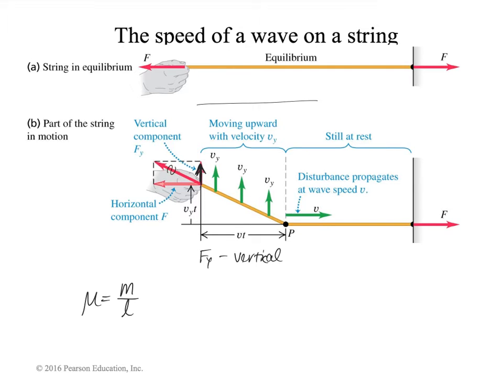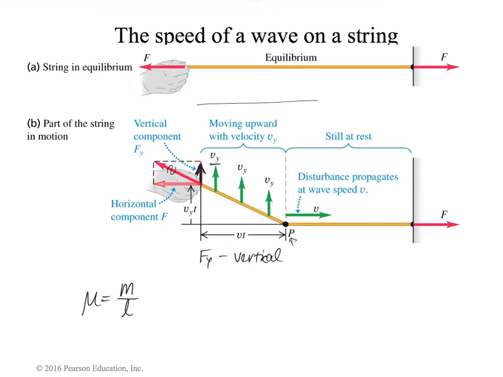The speed that the string moves upward with is going to be called V sub y. This pulling upward is really the disturbance that is going to cause the wave to travel through the string. As time goes on, more and more of the string is, of course, going to be displaced. We have a point P located right here.